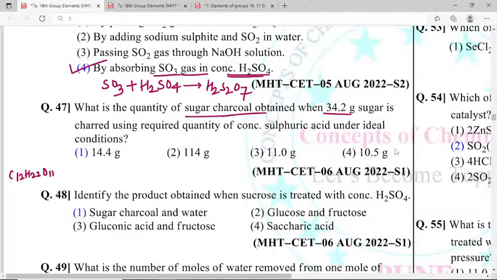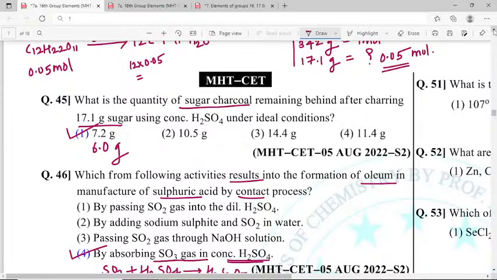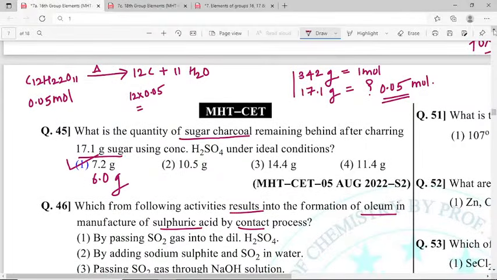C12H22O11 will give 12C, that's 144. This should be converted into mole, which is 0.06 mole. Yes, very good.